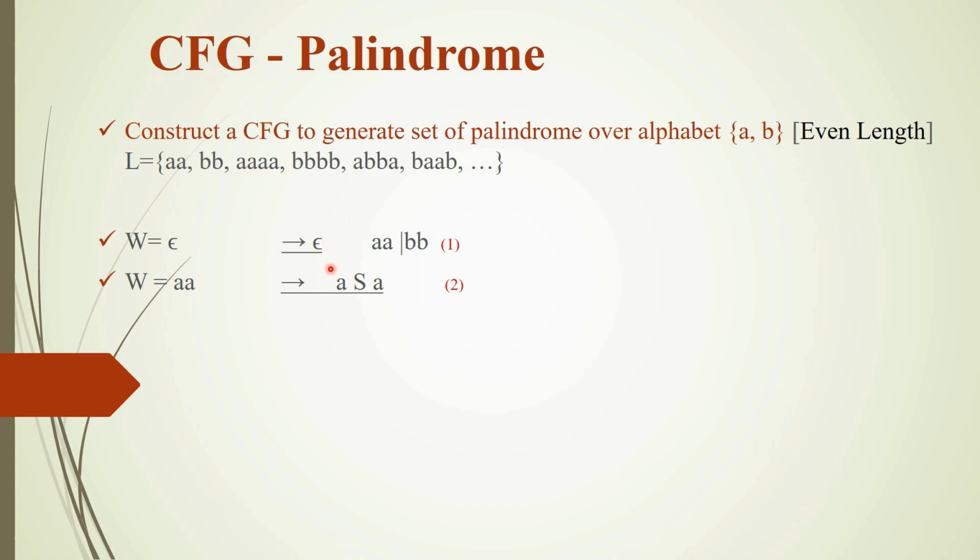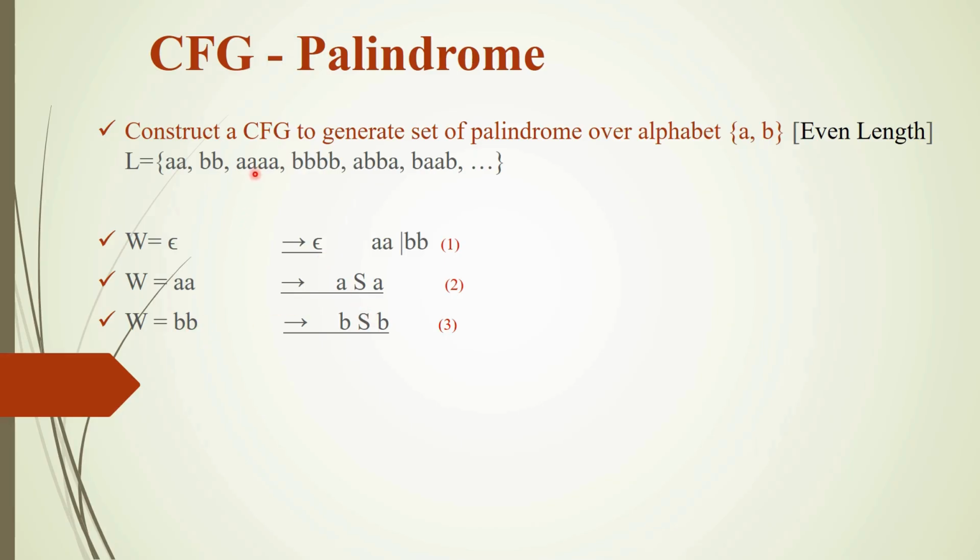For bb also I can write the grammar similarly: S to bSb. Here the non-terminal symbol S will be replaced by the terminal epsilon, and it will generate the string bb.